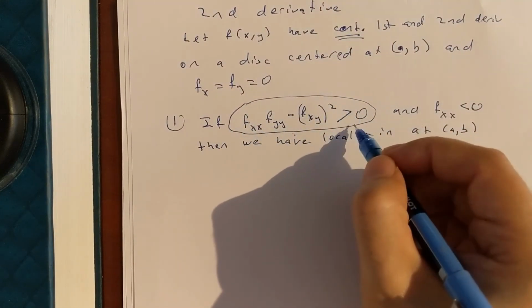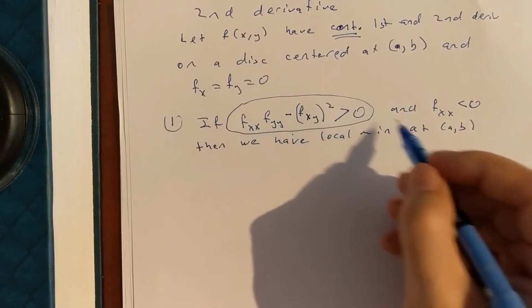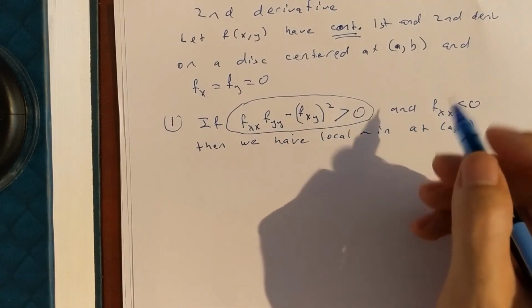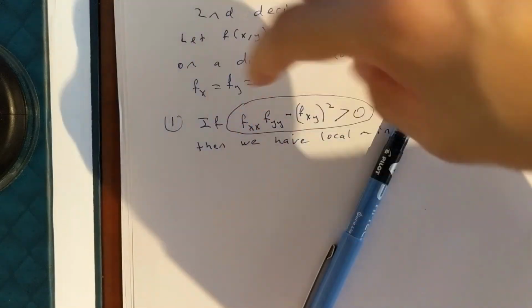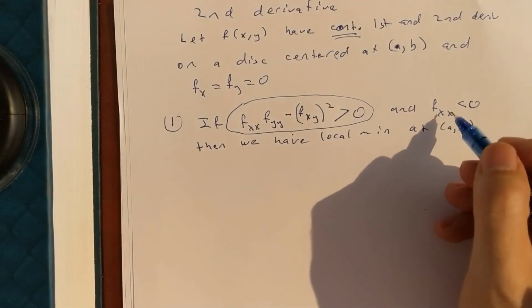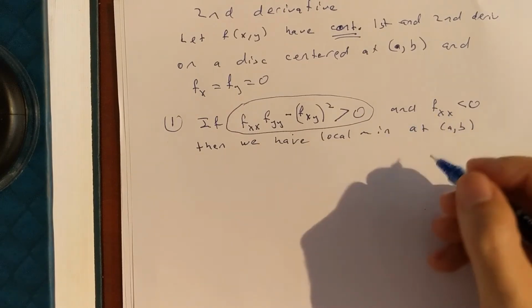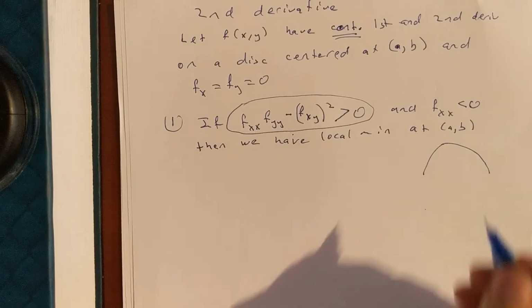This term guarantees that, and I'm going to talk about it in detail in a second. Everything is opening up the same way. They're all concave up or concave down. Remember, this was concave up. This was concave down. So here, what do we know from fxx? If the second derivative in the x direction is less than 0, that means in the x direction the function looks like a curve like this.